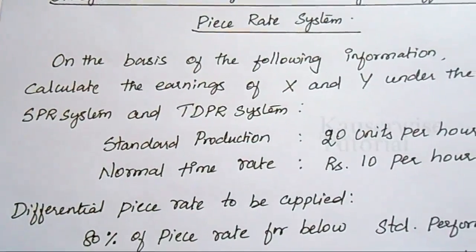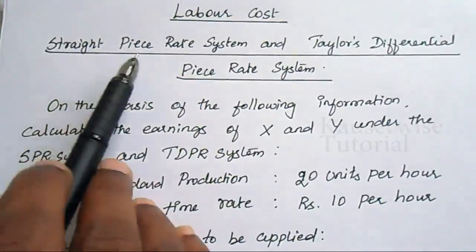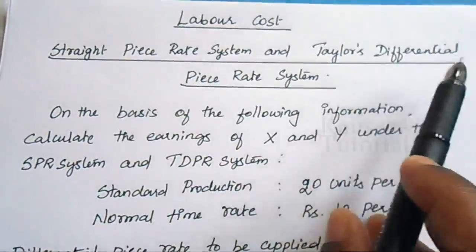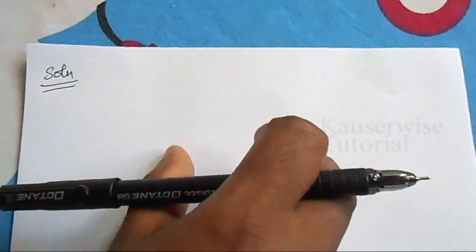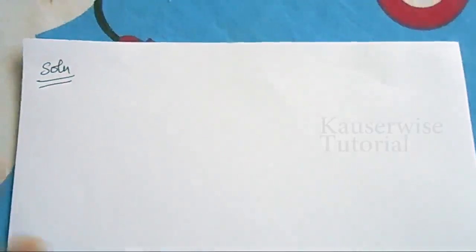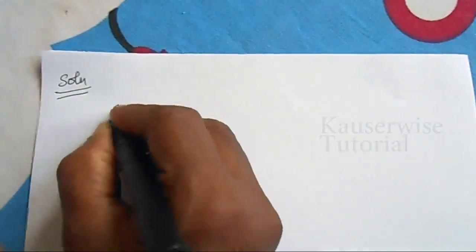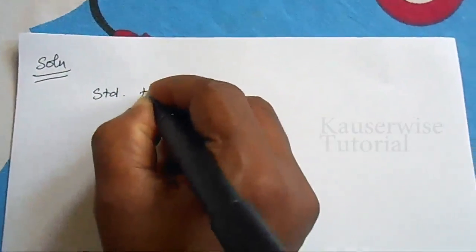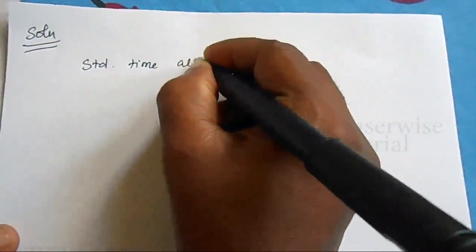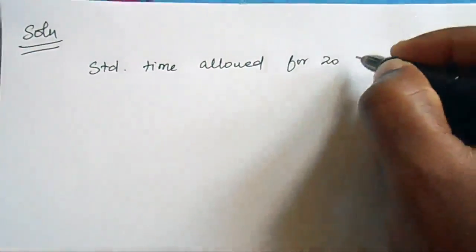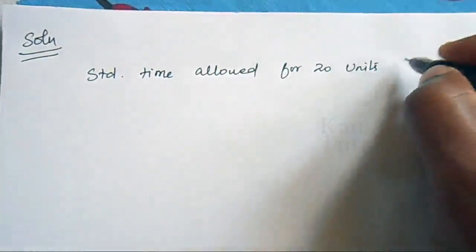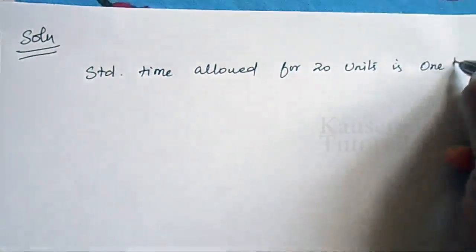According to this information, they ask you to prepare straight piece rate system and Taylor's differential piece rate system. First, you have to write the standard time and time rate, which is given in the problem. That is, standard time allowed for 20 units is 1 hour.